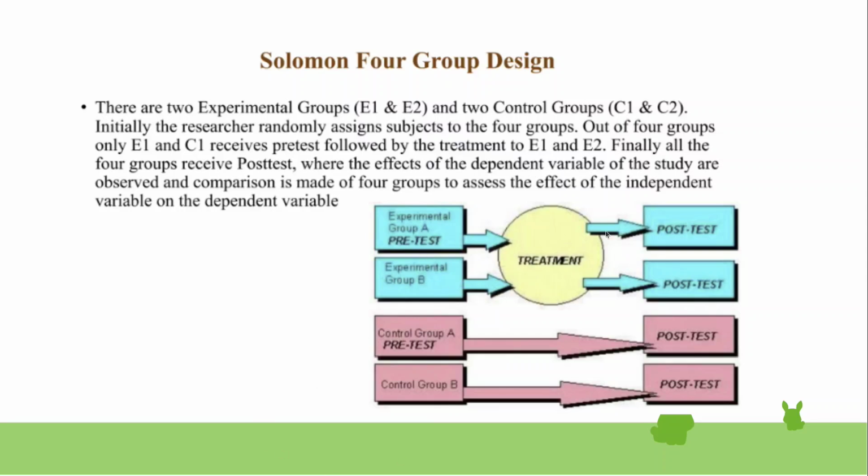For the control groups, no treatment, but they conduct the post-test. Please remember, the pre-test is not conducted for all four groups, only for one experimental group and one control group. Then they do the comparative study of how it influences. That is the Solomon 4 group design.